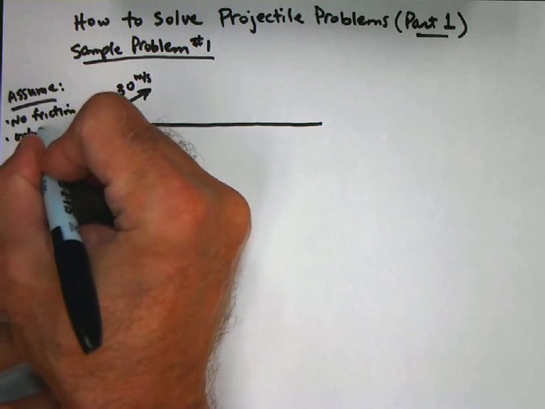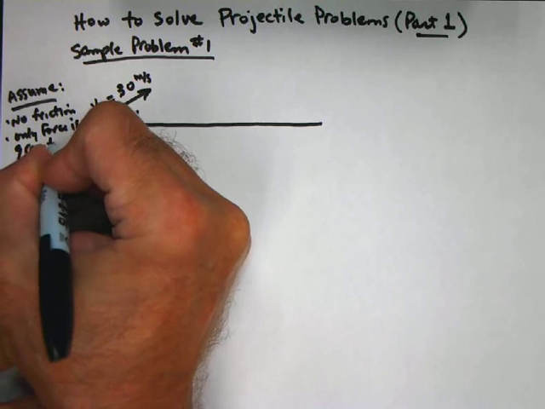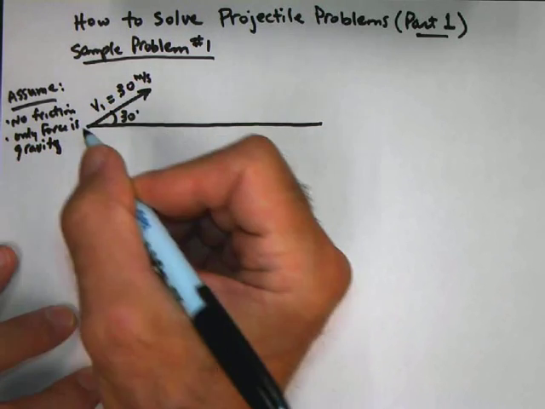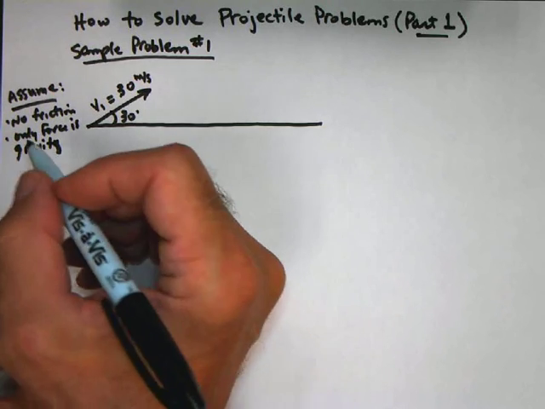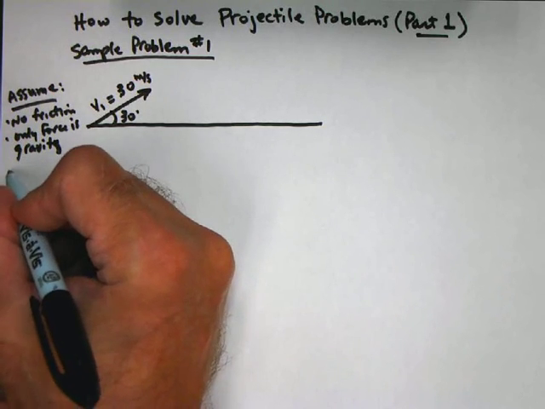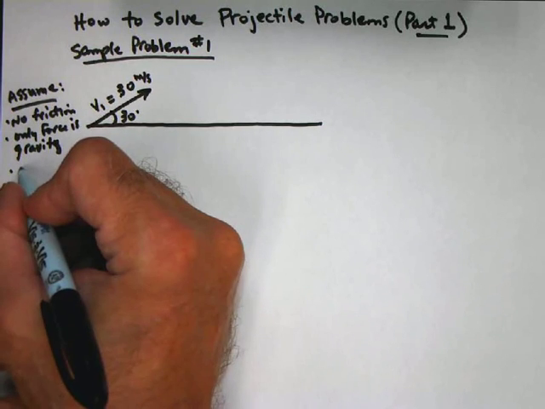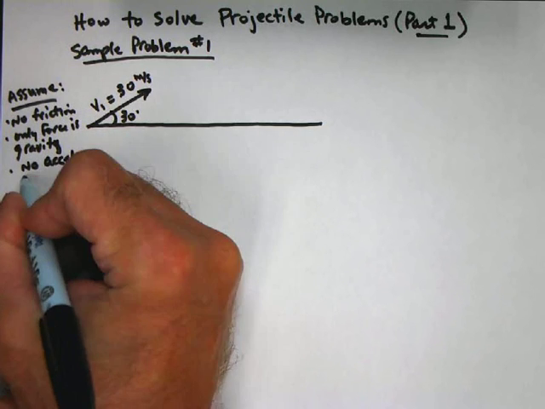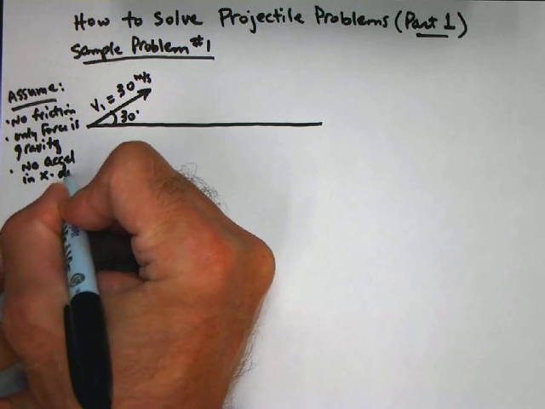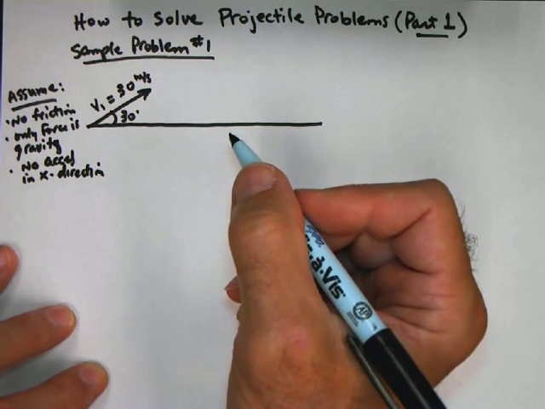So the only force is gravity, and so it would experience acceleration in only the vertical direction of 9.8 meters per second squared. Since there's no air resistance or air friction, there'd be no acceleration in the x direction. So these are the things we're going to assume here.